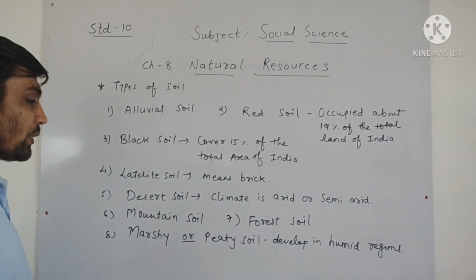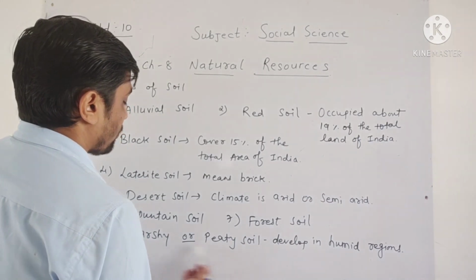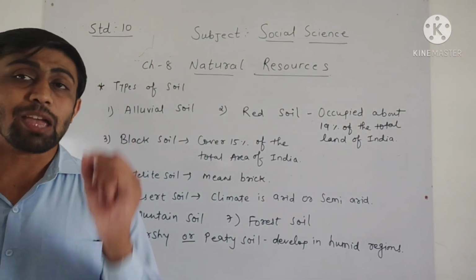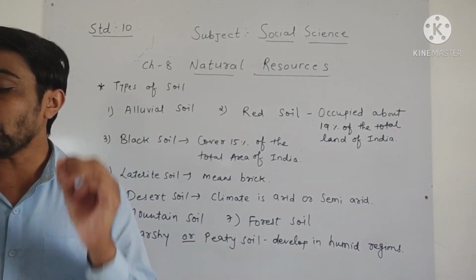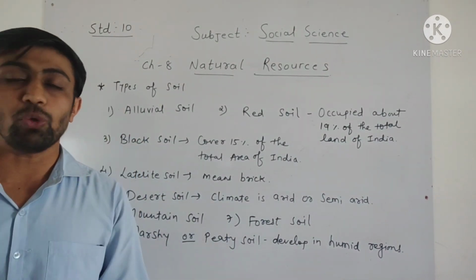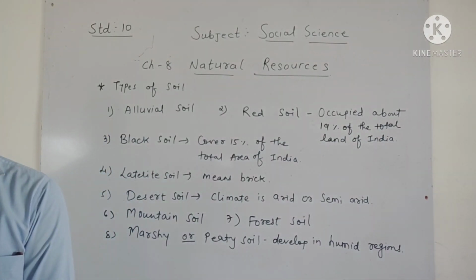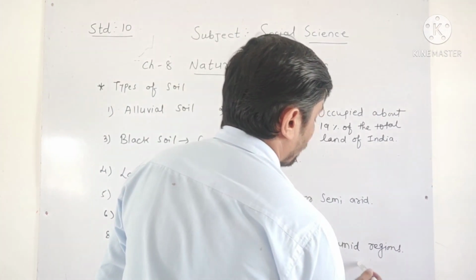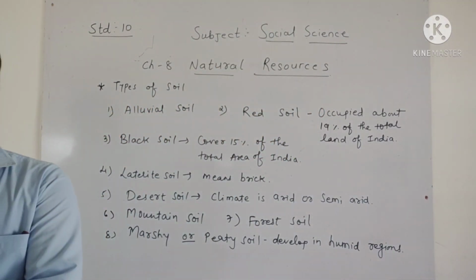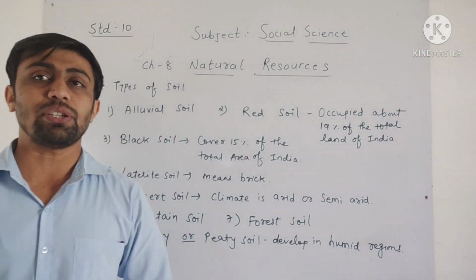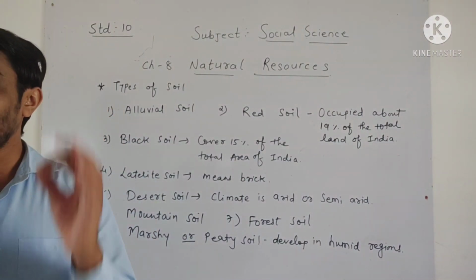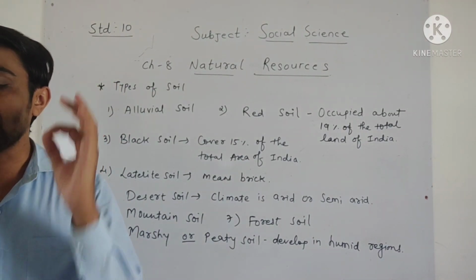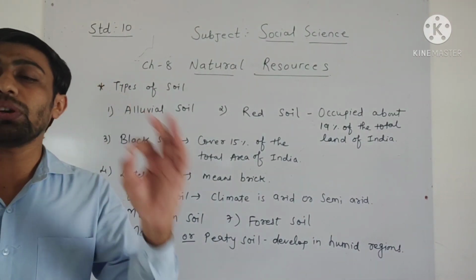Next, dear children, they have given the marshy or peaty soil. This is the last one, the eighth one. This type of soil develops in the humid region due to the accumulation of biotic elements. During the rainy season, this land is submerged under water, and when water is received, paddy can be grown in it.